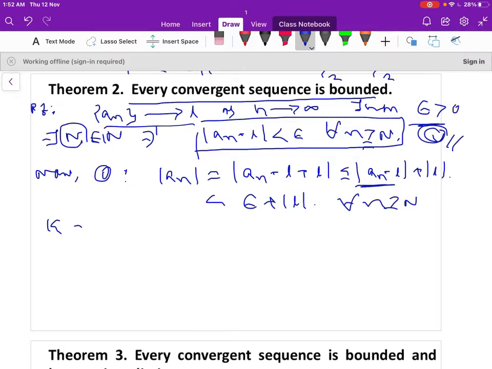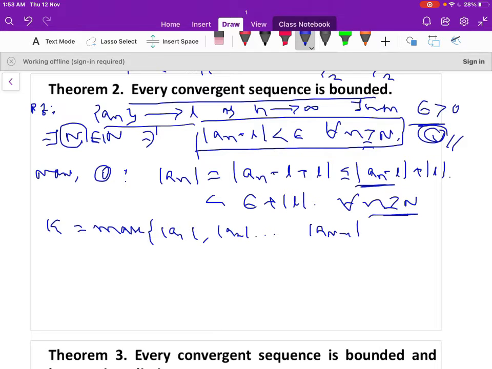Let us choose K equal to the maximum of the modulus of a1, the modulus of a2 and so on, up to the modulus of a_(N minus 1).